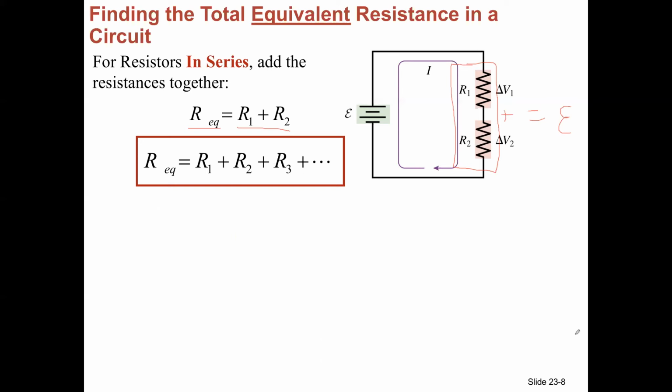Colleen, that's a good question. So would the power loss be broken up equally among the resistors, or the energy loss? So I think what you're asking here is would delta V1 and delta V2 be equal? And the answer is it depends. If R1 and R2 have the same resistance, then the charges will lose the same amount of energy across both resistors.